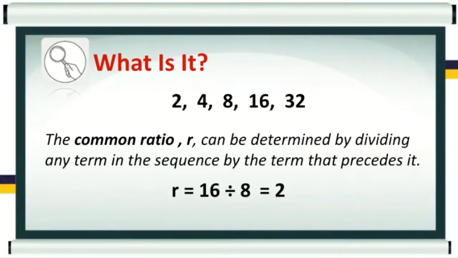If we move to the next term, what will be its value? 128. Very good. That is how we identify the next term, by identifying first the common ratio of the geometric sequence. Okay? Follow? Let's move.